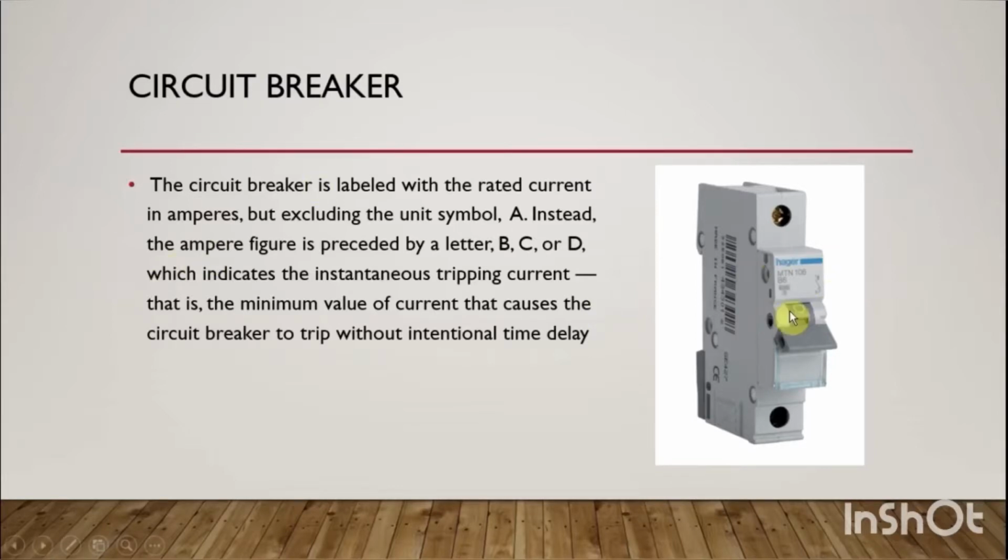In this picture, the number of the circuit breaker is B6. So it means the rated current is 6 and the type is type B. So this is a type B 6A MCB.